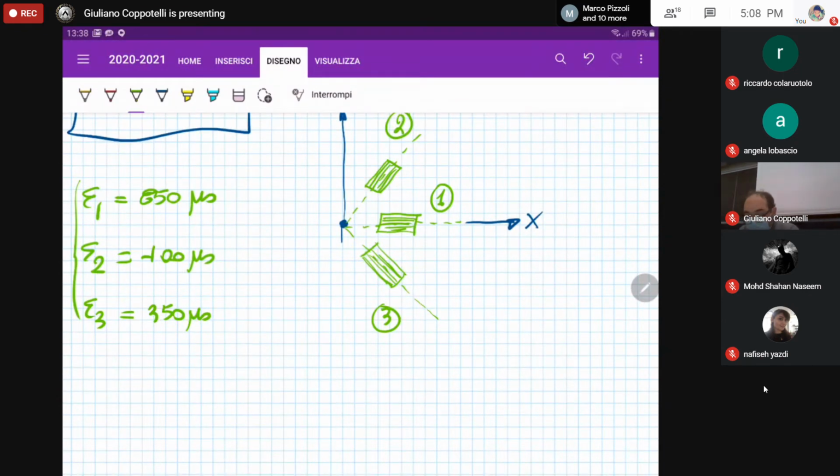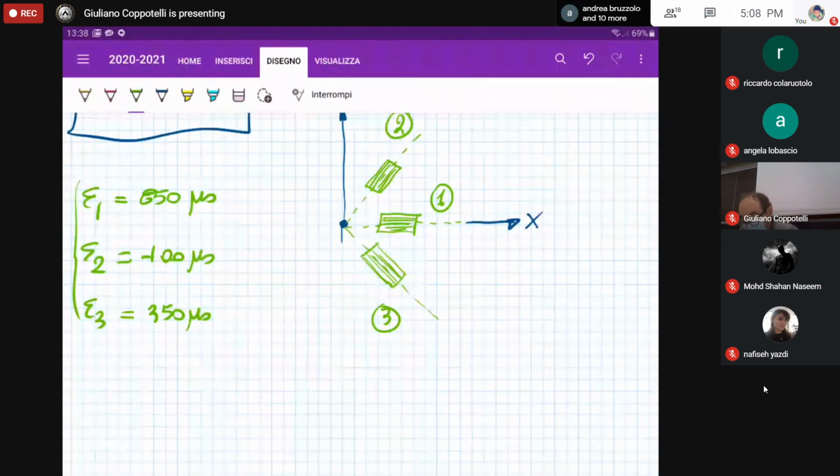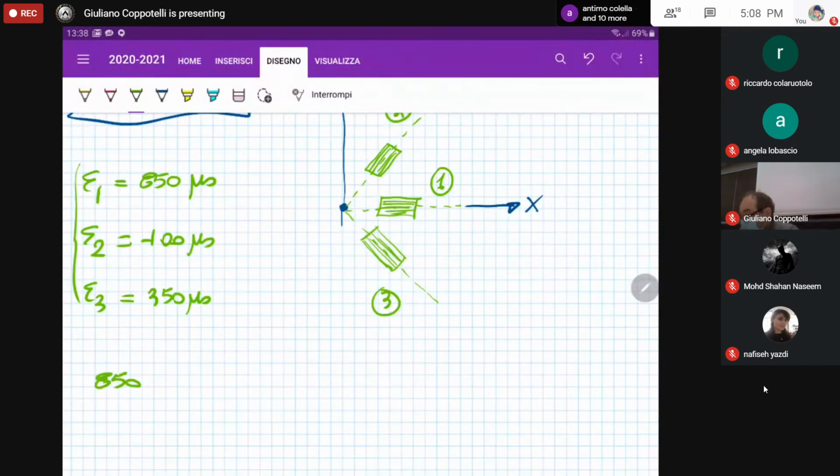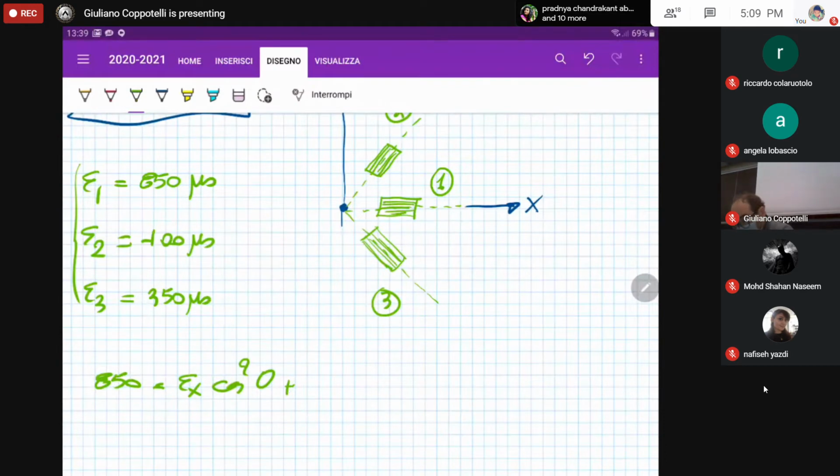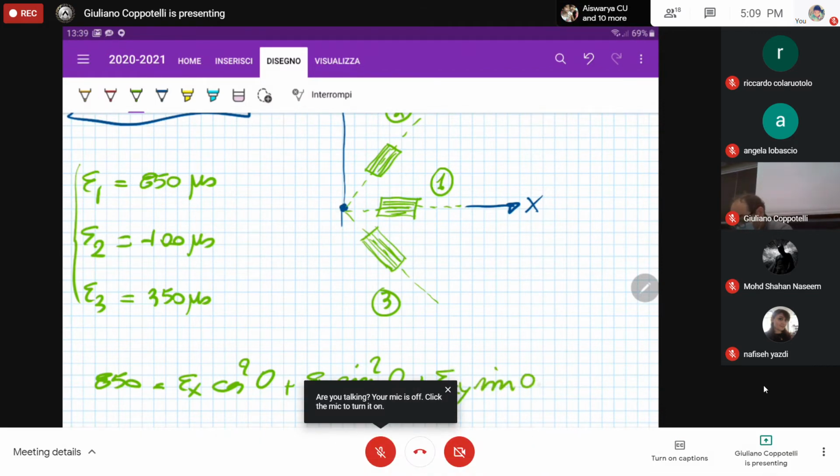Okay, so let's apply the previous equation. So we have 3 equations to apply. I'm just writing the first one: 850 is equal to epsilon x cosine square 0, because the first strain gauge is characterized by this one angle that is 0, plus epsilon y sine square 0 plus epsilon xy sine 0 cosine 0.